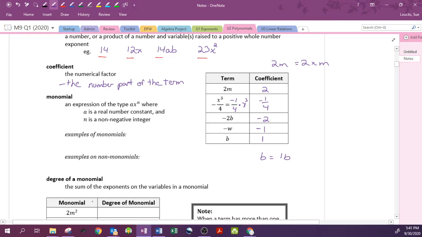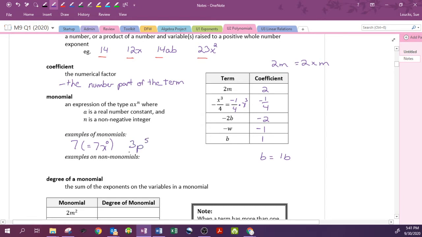Okay, so examples of monomials are 7. Okay, and in this case, 7 equals 7 times x to the 0, right? Because x to the 0 is 1, so that 7 times 1 is just 7, but we don't bother writing out all that other stuff. We don't need it. 3p to the 5, okay?